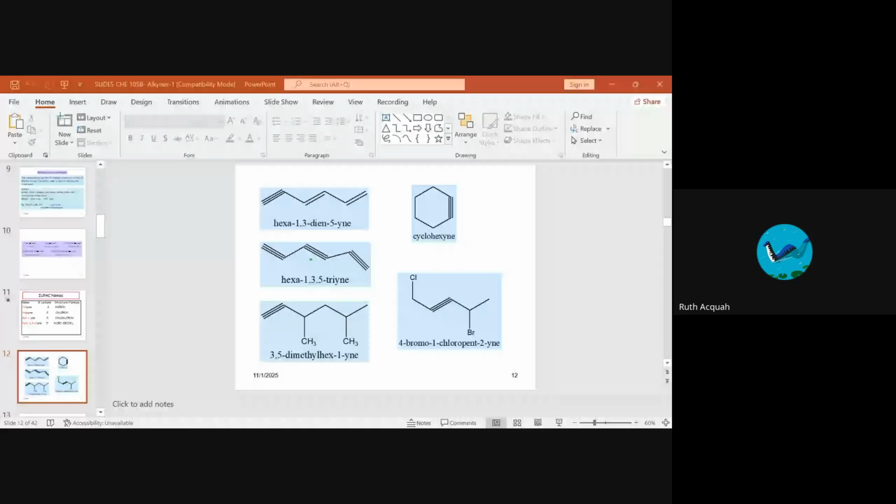Yes. All right. With the first one, I think I'm having a confusion. Does it mean in naming such a compound, you have to start with the alkenes before the alkynes? Yes, for the first part of the question. Like I indicated, the alkynes are superior to the alkenes.